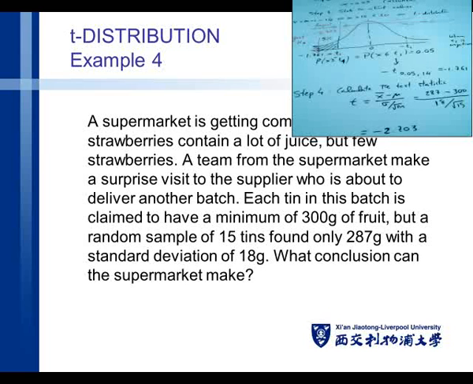So it is unlikely that the population has an average weight in the cans of 300 grams or more. Okay? Because it is very unlikely that if it has 300 grams or more, you'll get a sample with 287 grams. Okay? Questions about this?